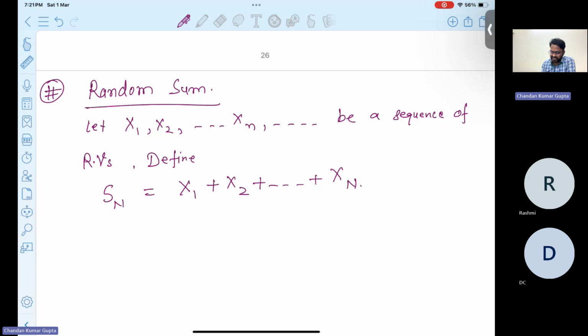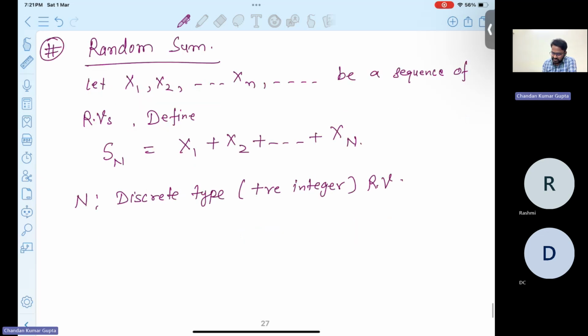Where n is a discrete type positive integer random variable, in that case this Sn is defined as a random sum.